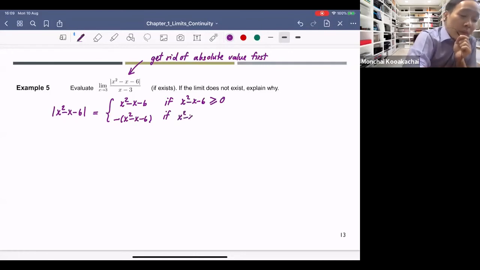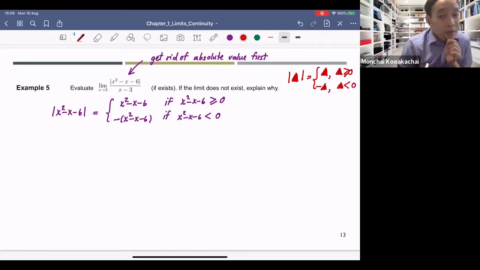If x squared minus x minus 6 is less than 0, you have to attach your negative sign, right? Because if you remember what we learned when we were kids, the absolute value of a triangle is the triangle if the triangle is greater than or equal to 0, and negative triangle if the triangle is less than 0. This is what we learned when we were young.